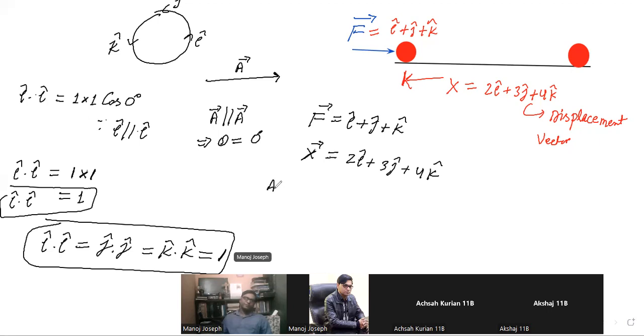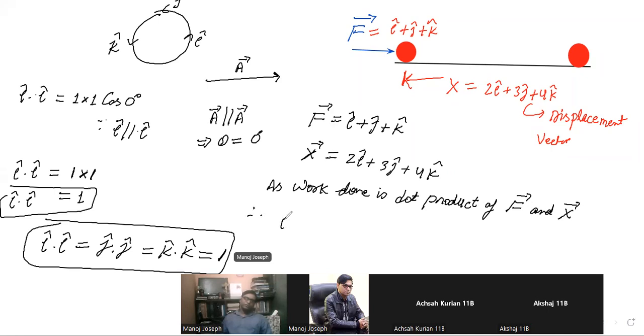As work done is the dot product of force and of displacement vectors.